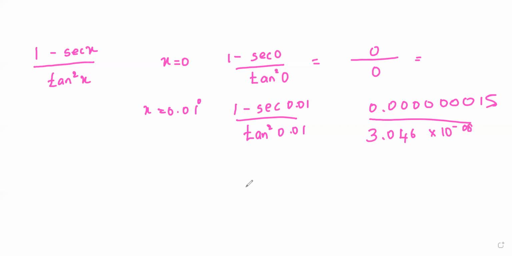So we have already learned from approximation that the calculator cannot store whole digits in a decimal number. Let's say we have a calculator which uses 4-digit chopping for approximation. When we give this type of equation, let's say 1 minus sec 0.01, what it will do is cut off from this point.